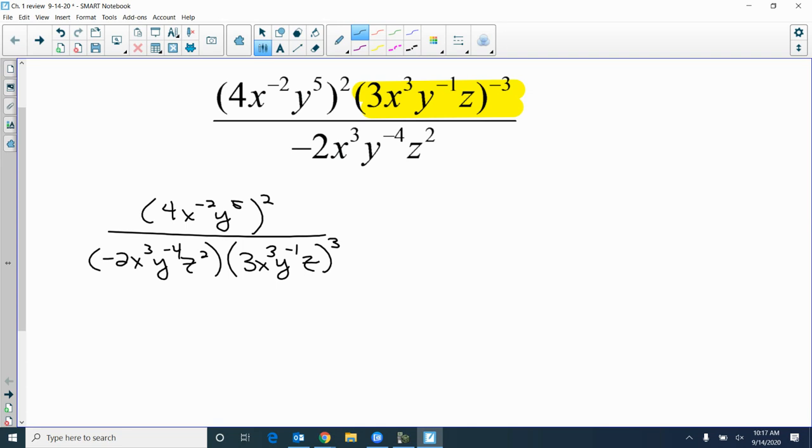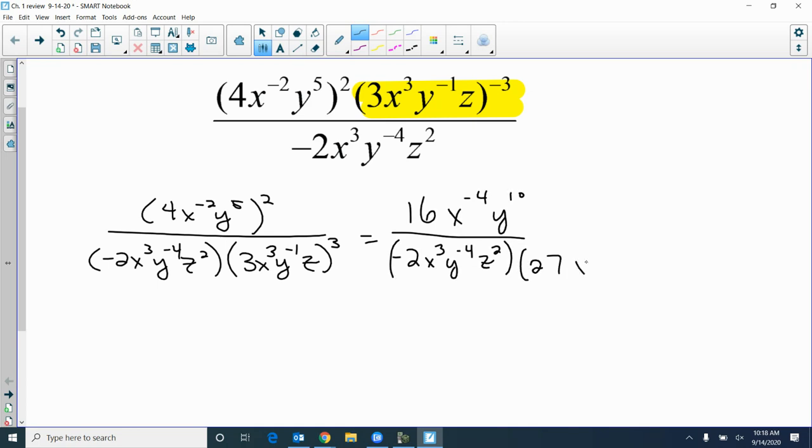Okay, for that one. Now I'm going to take the powers to a power. And then that, what does it give me here? It gives me 16 x to the -4th, y to the 10th over -2x cubed, y to the -4th, z squared, and then that's 27, x to the 9th, y to the -3rd, z to the 3rd.